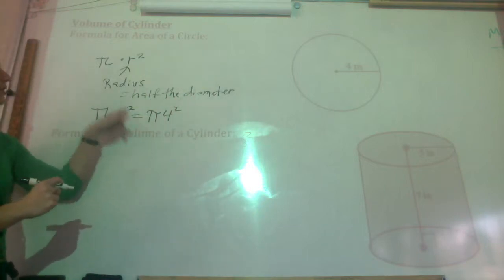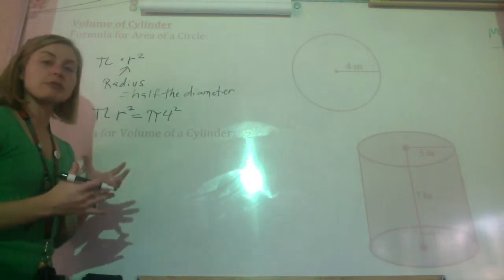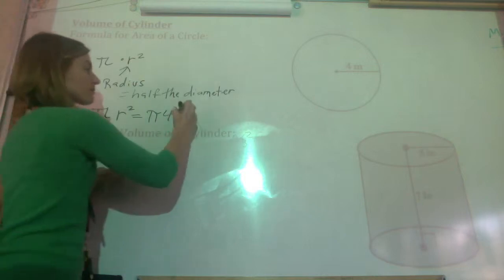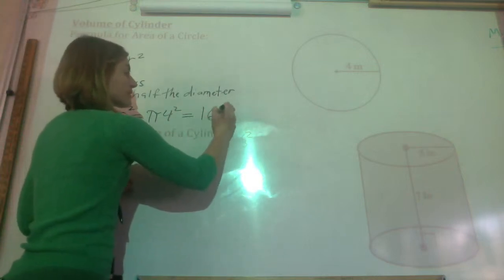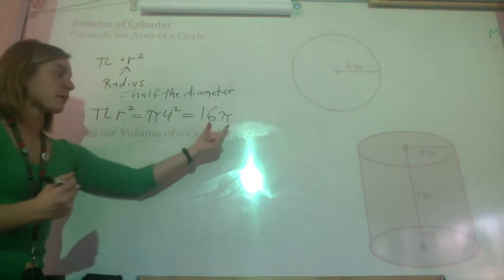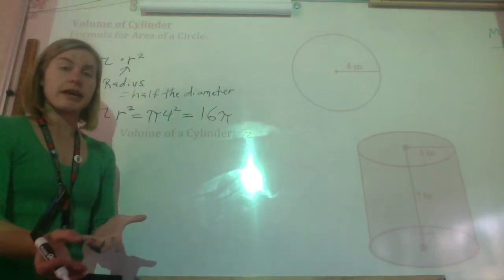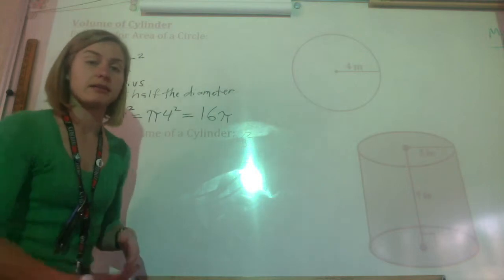I know I keep changing the way I write my pi, but there are a couple different ways to write pi, and that's totally okay. In this case, we can think of it either as 16 times pi, which some of your high school teachers will be okay with you leaving it like that, or we can just throw it into our calculator and find out what 16 times pi is.